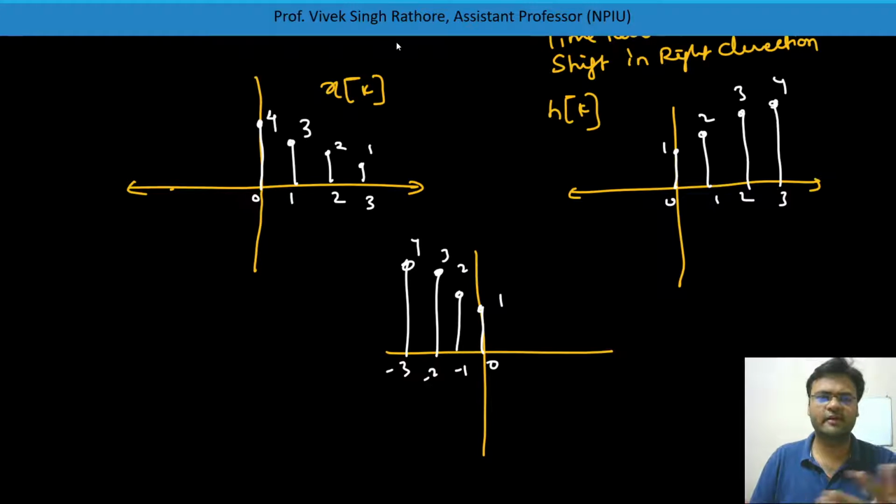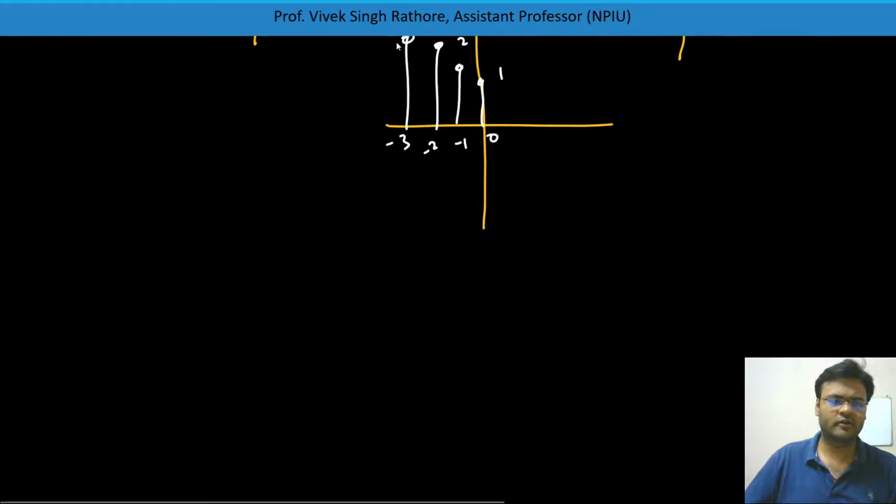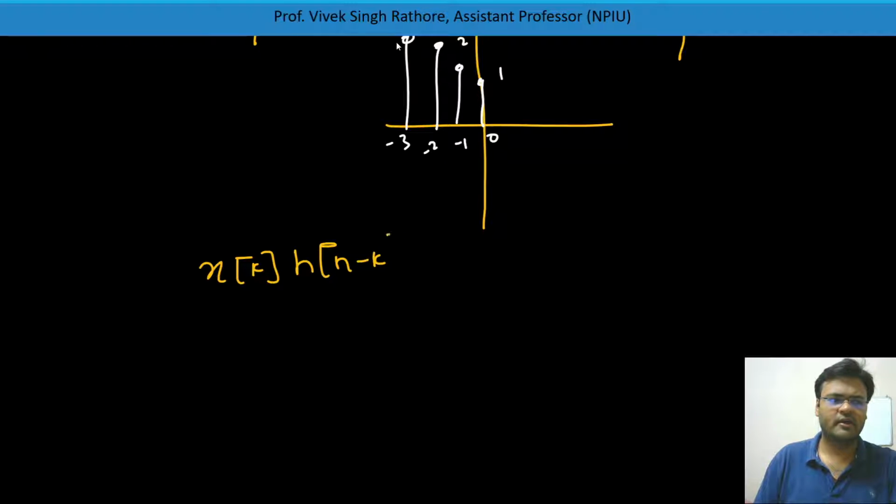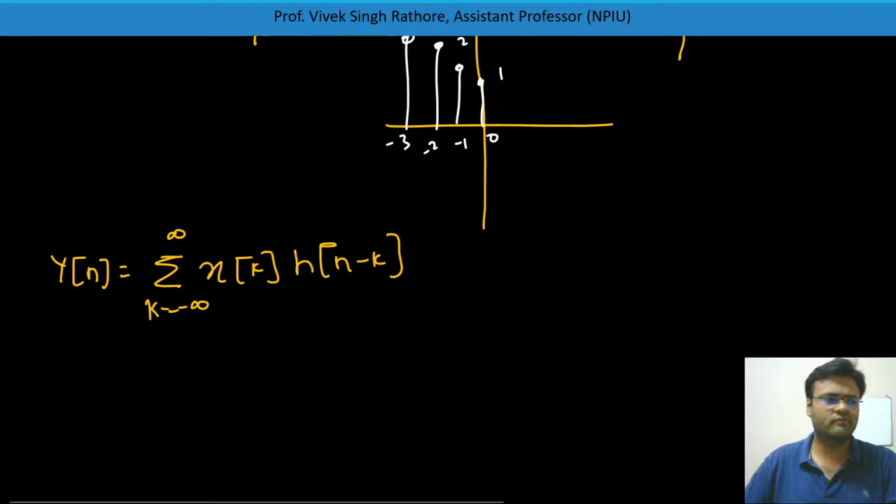How much shift depends on the value of n. We are taking h of n minus k, and you need to add from k is equal to minus infinity to infinity, and y of n will be there.